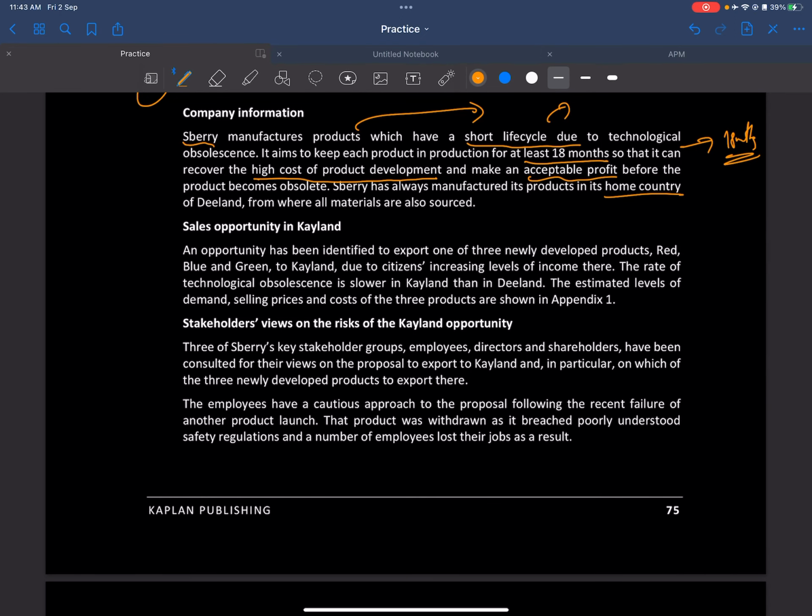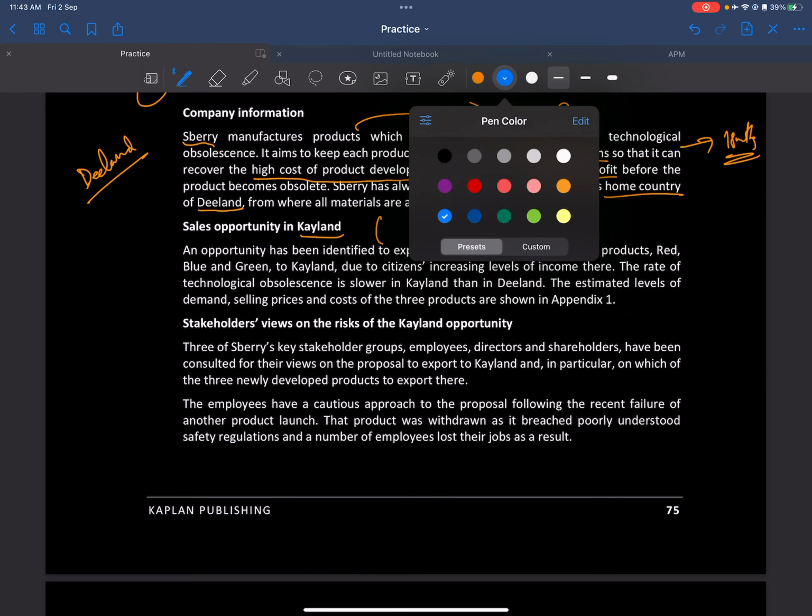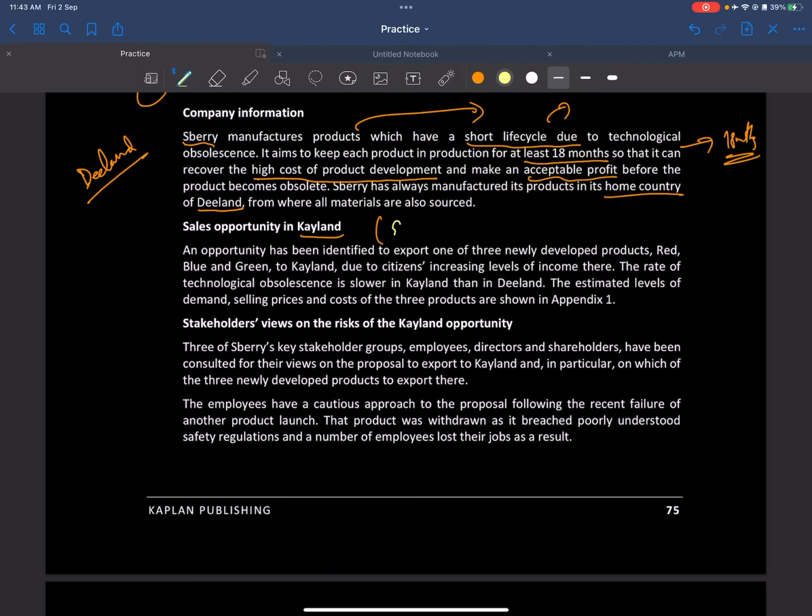Asbury has manufactured its products in its home country of D-land. So now currently it's in D-land, its home country, right? So there is a sales opportunity in K-land. That means we will be exporting. Okay, we will be exporting, right?